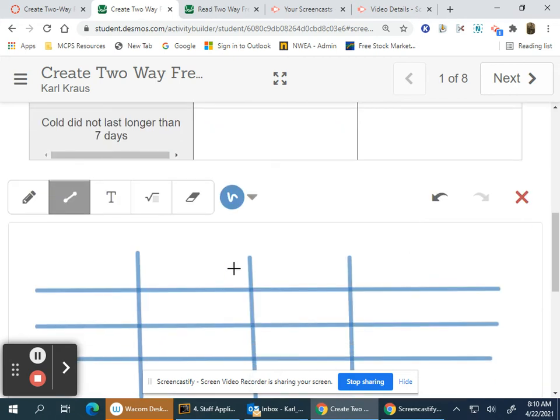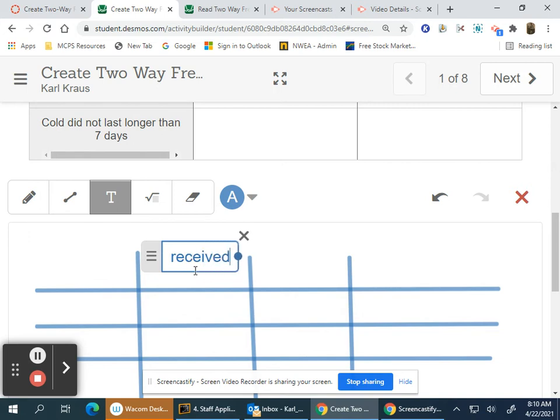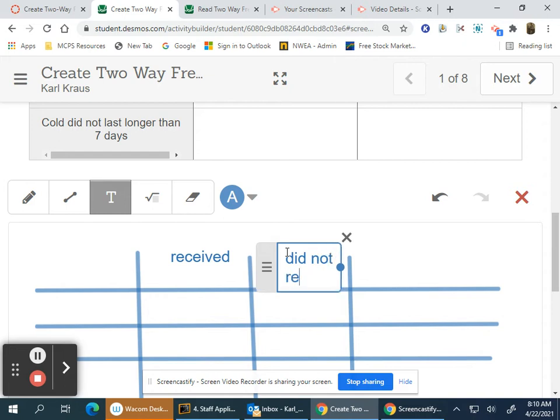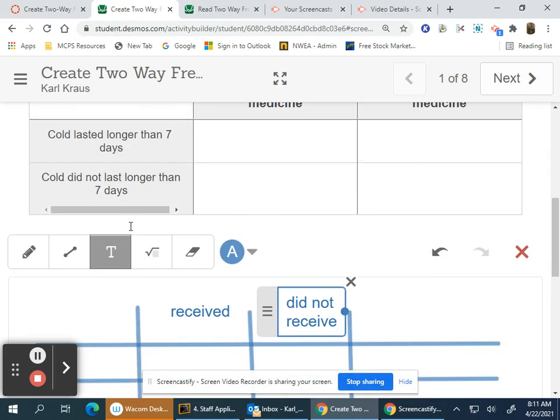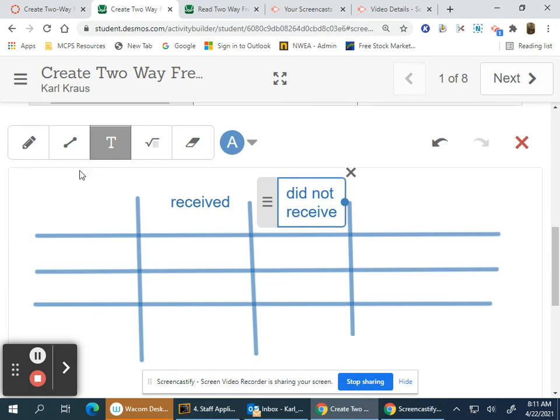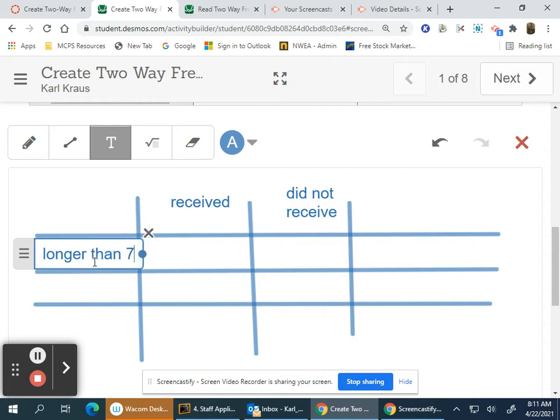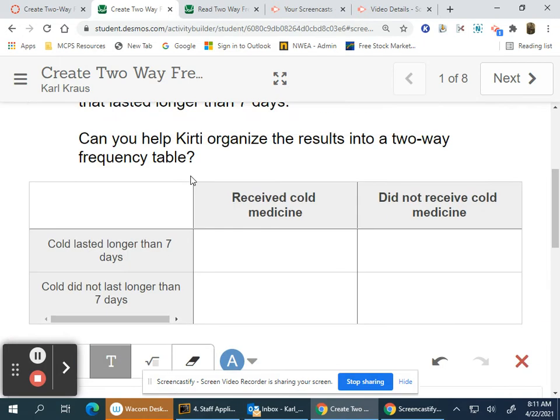I'm just going to type in some text here: received, and just abbreviate things, did not receive, and then longer than 7 days, and not longer.